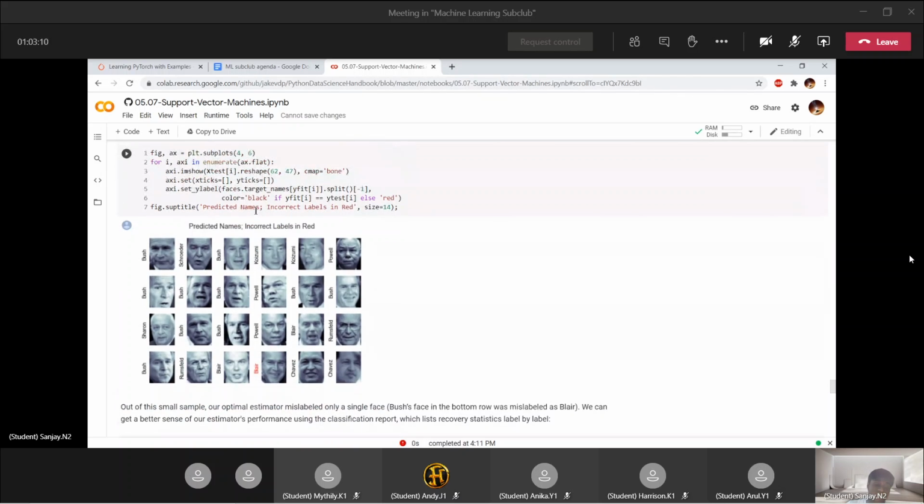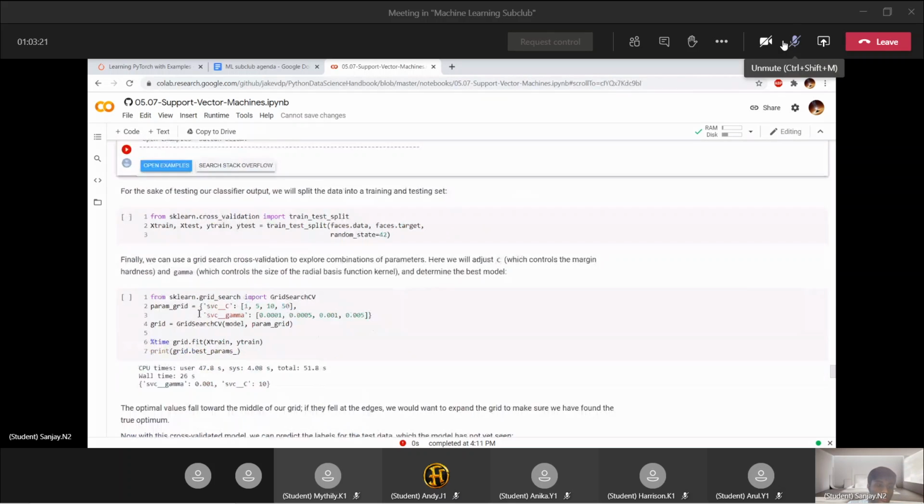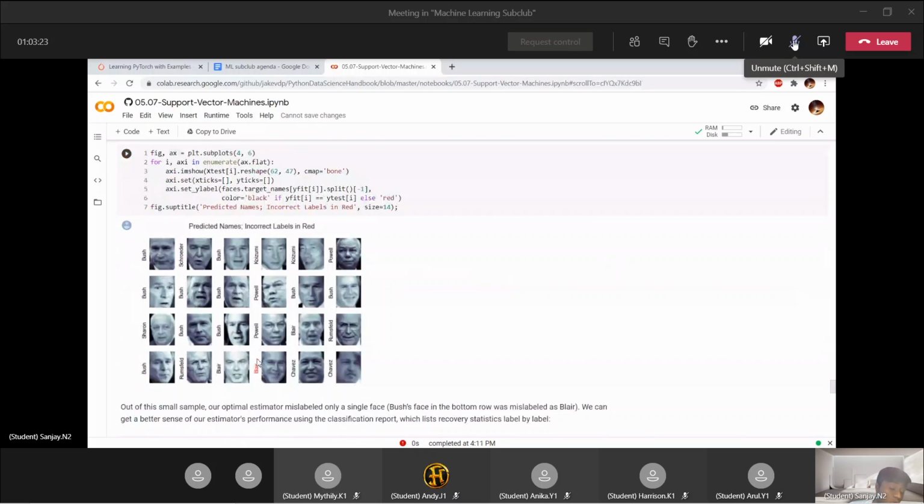And overall, we actually see that we're predicting most of these really well, right? We only miss the one down here, where instead of predicting George W. Bush, I think, or is that HW? I don't know. It predicts Tony Blair, who is some guy from the UK, I think.